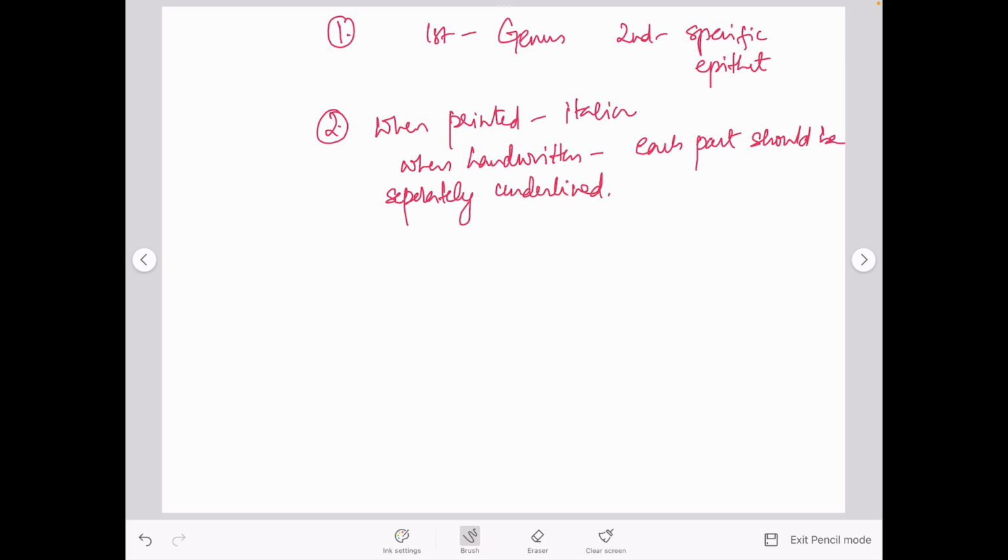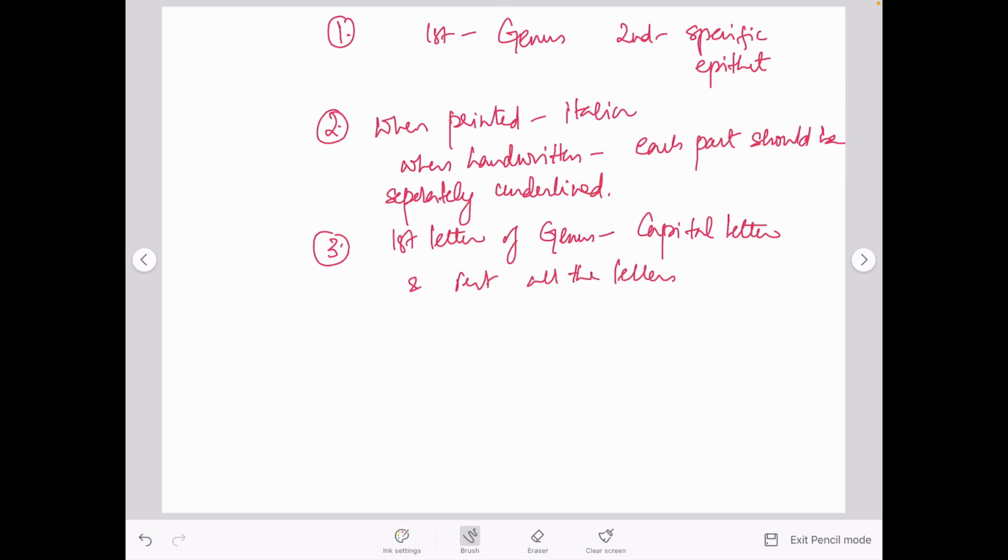Rule number three, the first letter of the genus has to be a capital letter, and all the rest of the letters in the name have to be small letters.